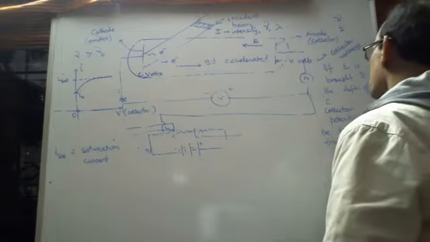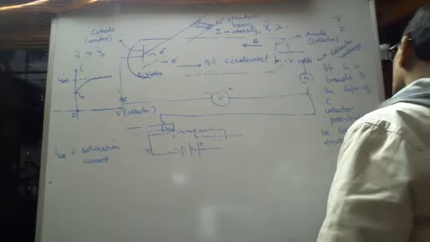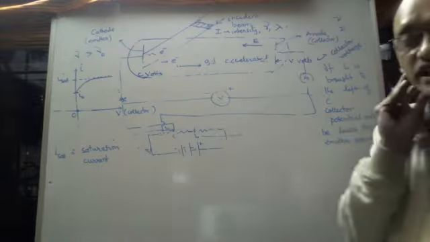Emitter potential, isn't it? Collector potential will be then lower than emitter potential.